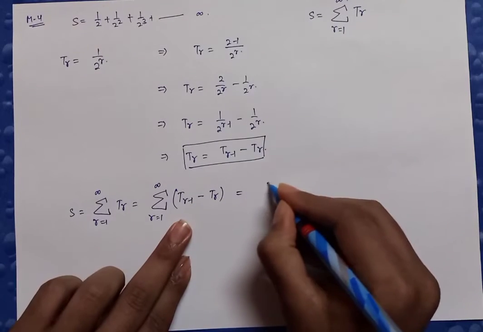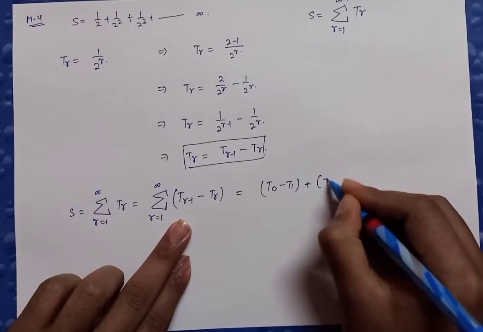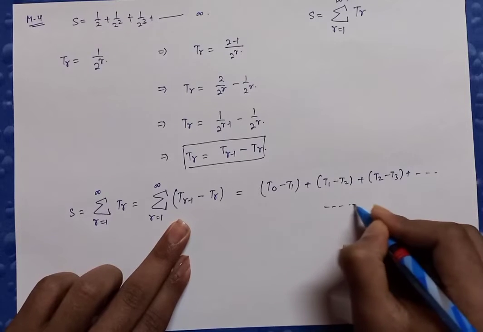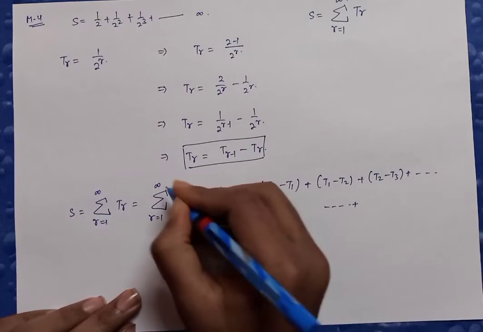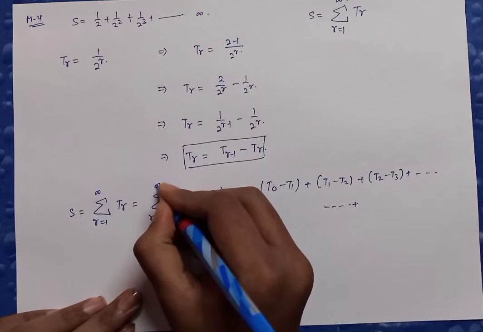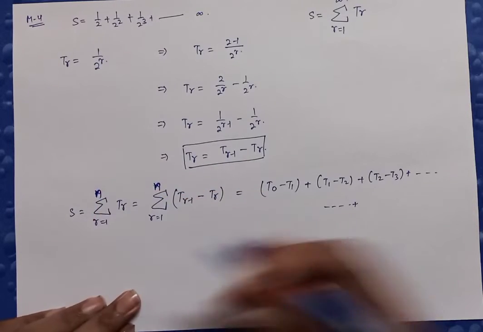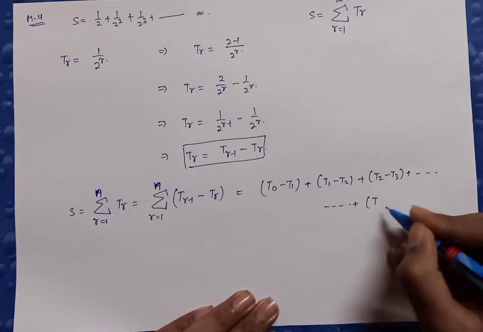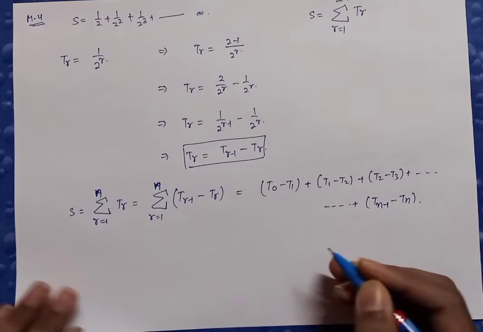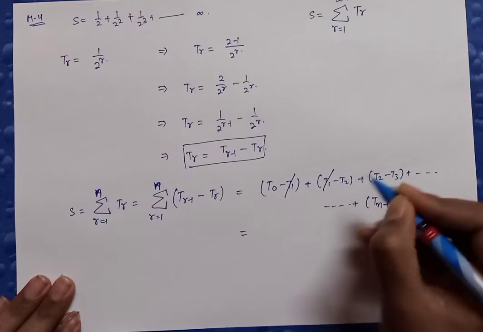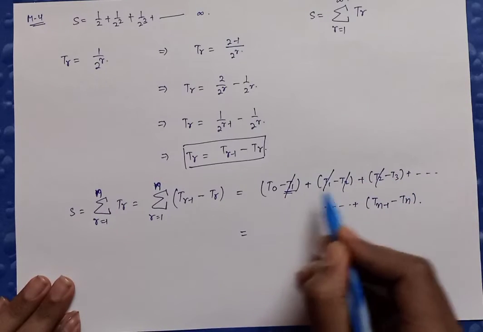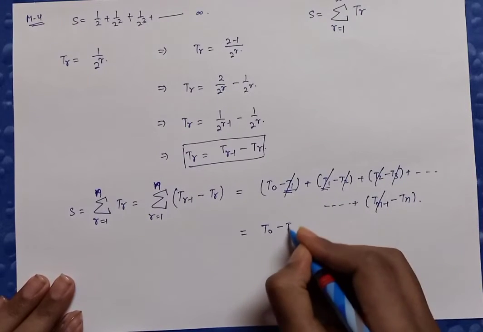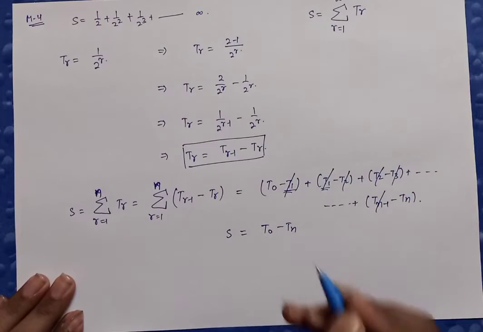If you carefully see, then it is T0 minus T1 plus T1 minus T2 plus T2 minus T3 plus dot dot dot plus, now if I write till the nth term, let's first of all evaluate for n terms, T_(n-1) minus T_n. So these terms will get cancelled out. The last term of a bracket cancels the first term of the next bracket. Similarly, this term will get cancelled out. So I will be left with T0 minus T_n as the sum.